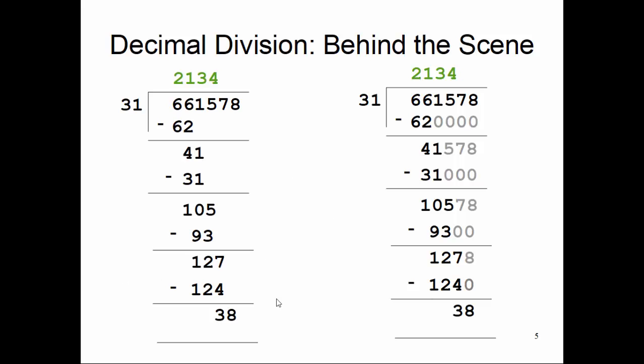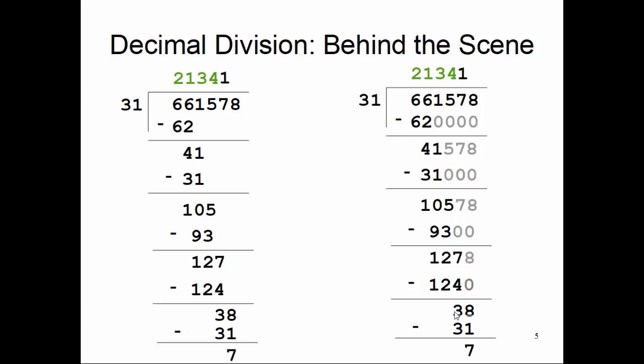We bring down the 8, multiply 31 with 1, go to the nearest integer value 31 for the 38, and my subtraction result is 7, whereas behind the scene, now it's a unit place multiplication, it's 1, and we subtract, and that becomes 1.